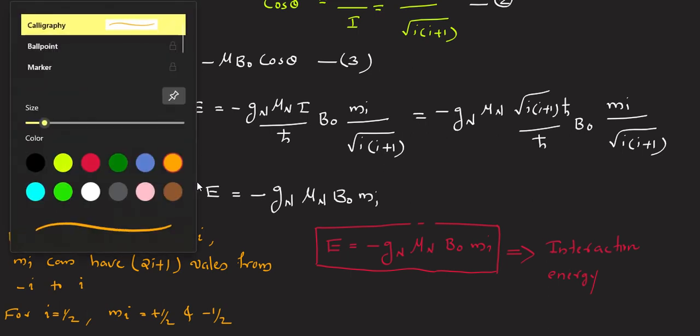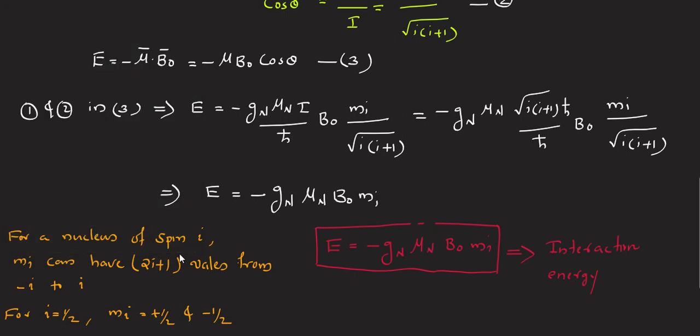So you can define two quantities, depending upon the value of mi. You consider a nucleus having spin half, then the value of nuclear magnetic quantum number mi equal to plus half and minus half. So you can define E half corresponding to mi equal to plus half. This is equal to minus Gn mu n B0 and E minus half.